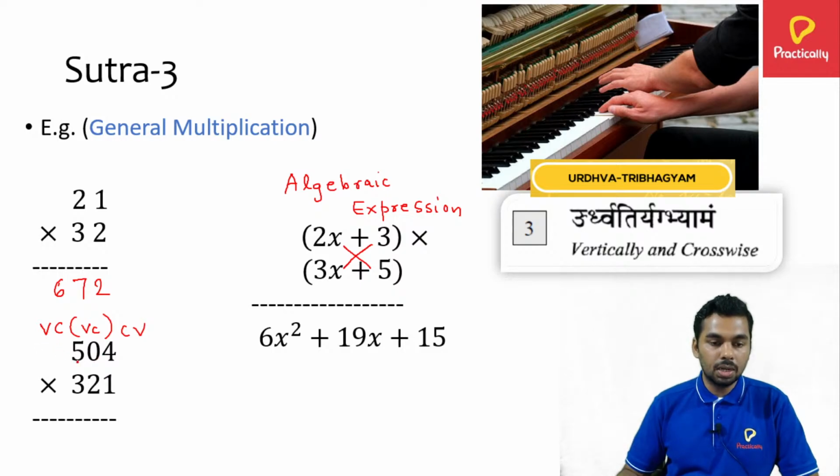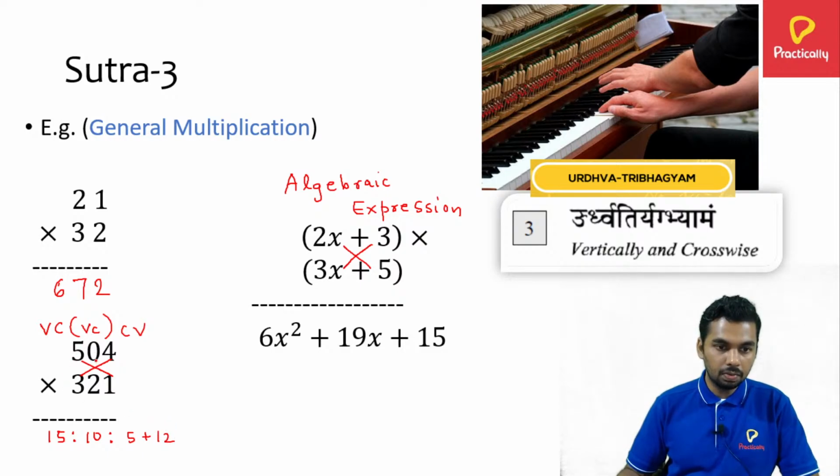First step is vertical, 5 multiplied by 3, which is 15, colon, C. C is crosswise or crisscross, 2 digits, 5 multiplied by 2 plus 0 multiplied by 3. So 5 multiplied by 2 is 10. The third step is both vertical and crosswise. I'll just write this step here. This is the crosswise step. Crosswise step is 5 multiplied by 1, which is 5, plus 4 multiplied by 3, which is 12.